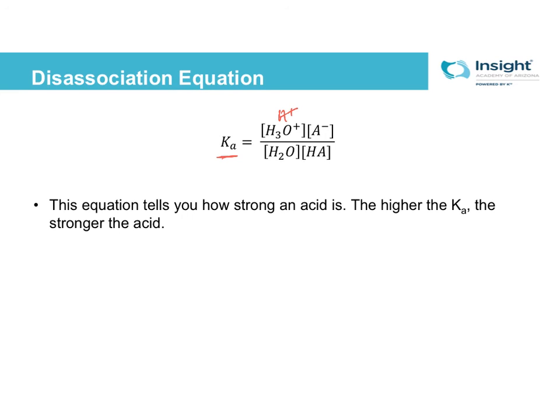The more dissociation you get, the higher your numerator is going to be, and therefore the higher your Ka is going to be. So if you've got big Kas, that means your acid is stronger. You've got more dissociation.